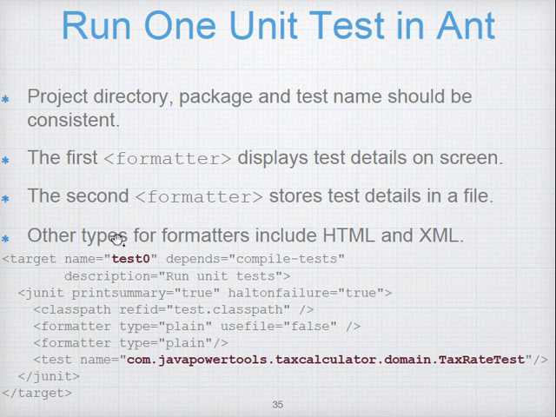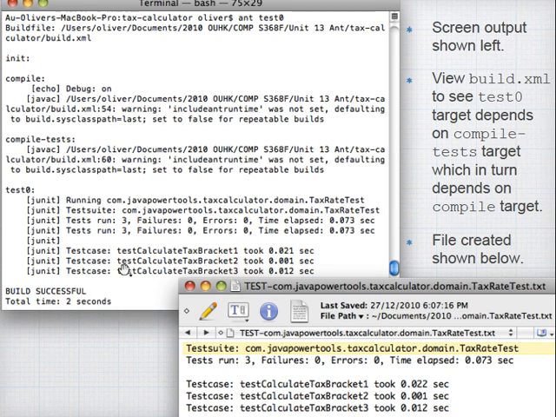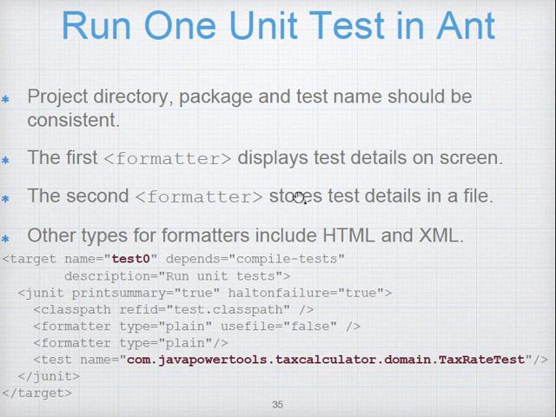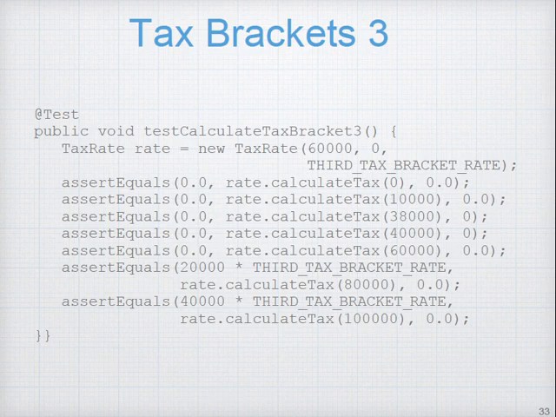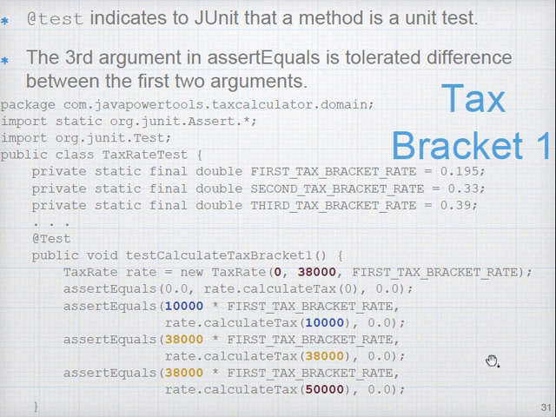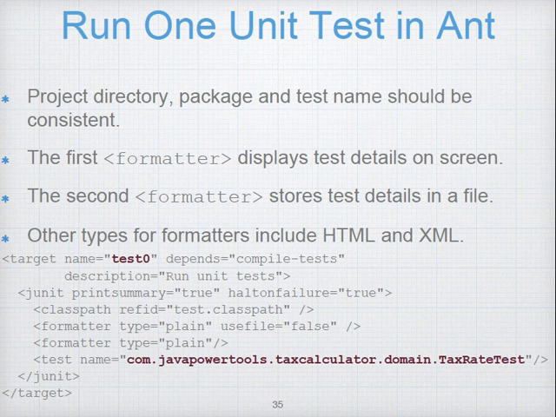So someone can call it by using ant test 0, by entering the command ant test 0 to run this target. This target will specify where the test is. This is the package name and the tax rate test, which is this one.